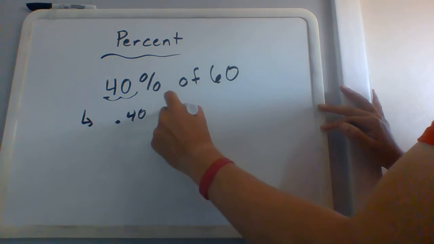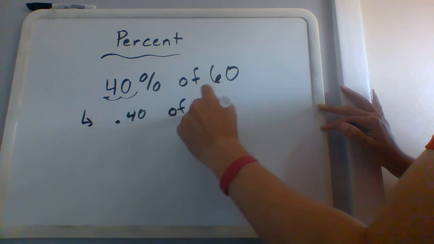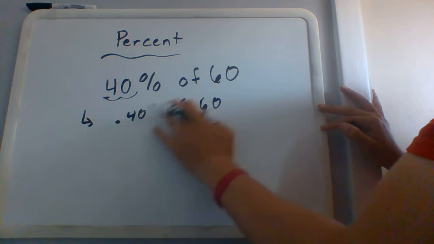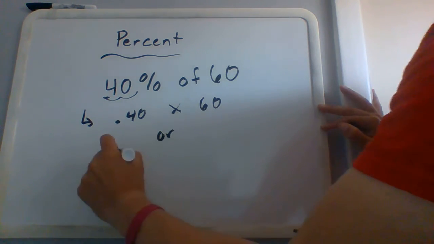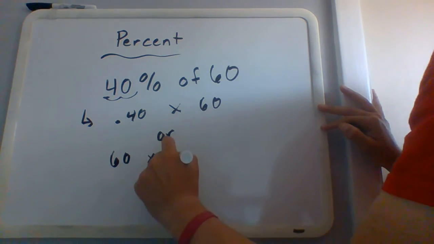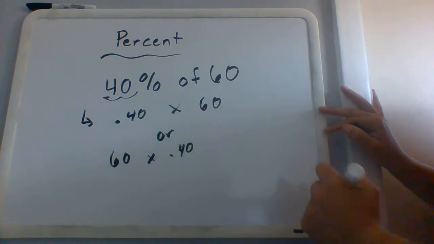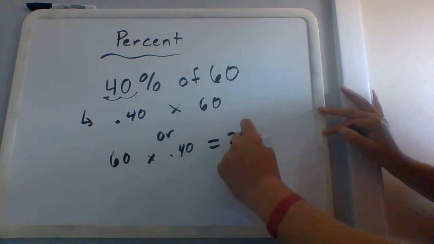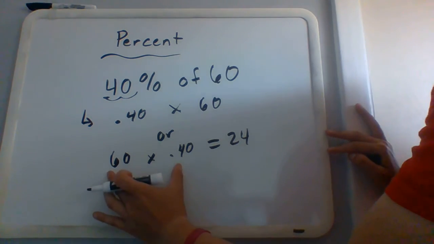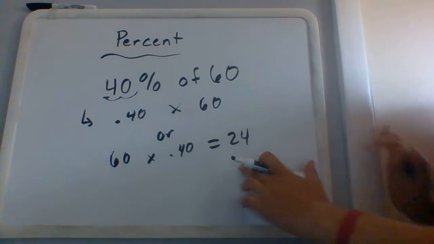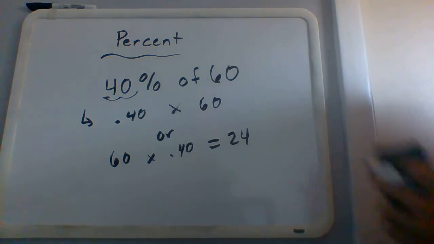So 0.40 of 60, or 0.40 times 60, or you can write it as 60 times 0.40. You can plug that in your calculator and you will get an answer of 24. Another way of doing that is thinking of 6 times 4 is 24.